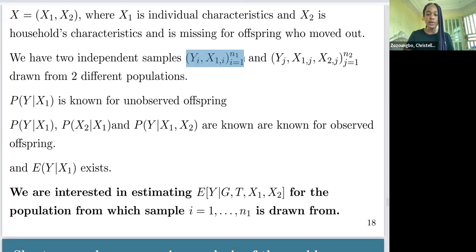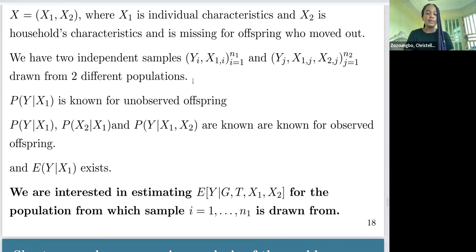First, I make some distributional dependence assumption between the distributions of X1 given S2 for the observed and unobserved siblings, and use this dependence, like correlation in the distribution sense, to get some bounds for the unobserved offspring.